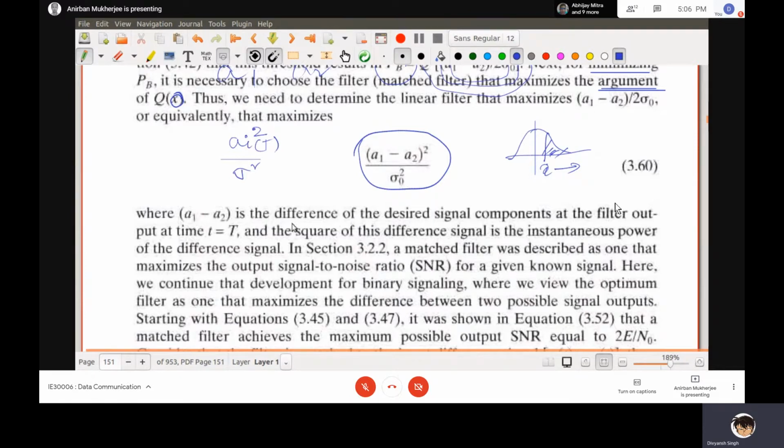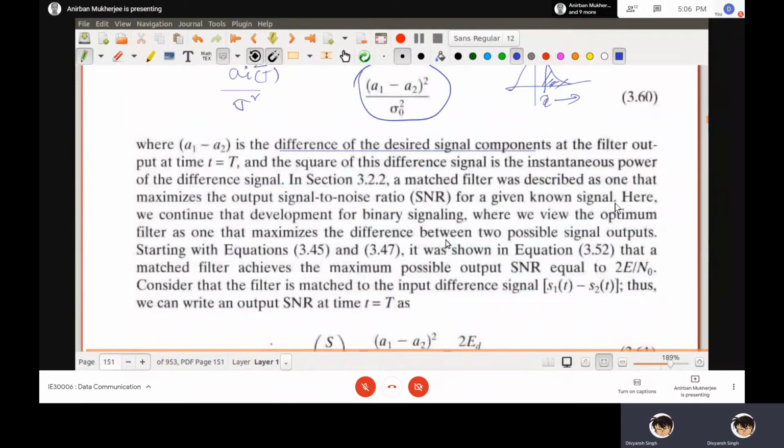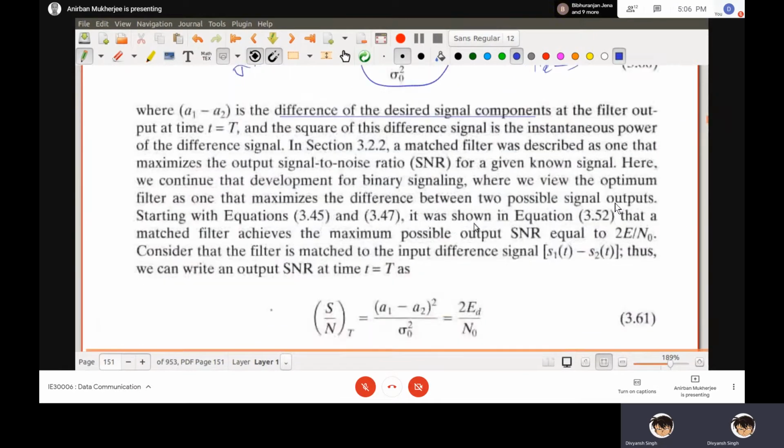So this is the difference of the desired signal component at the filter output. So the signal to noise ratio will be (A1 minus A2) whole square by sigma 0 square.